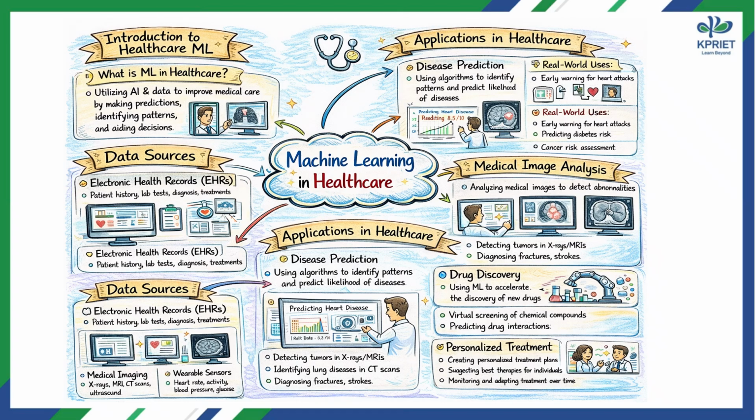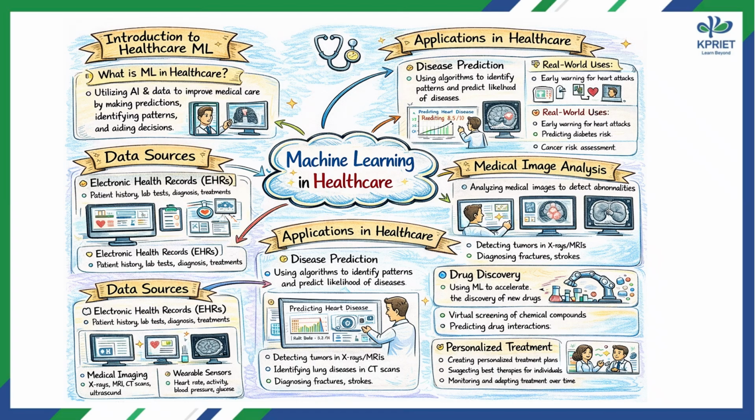Real-world uses include early warning of heart attacks, predicting diabetes risk, and cancer risk assessments. Medical image analysis detects abnormalities, such as tumors in X-rays and MRIs, and detecting fractures and strokes.